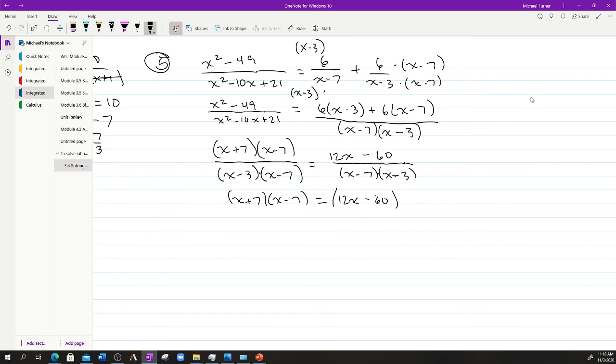Now from here, we still end up with a quadratic. That's okay. It might be factorable, it might not be. So I'm going to put this back in standard form. And because I do have a b term here, I'm going to write everything on the same side. So I'm going to subtract 12x, and I'm going to add 60 to both sides.